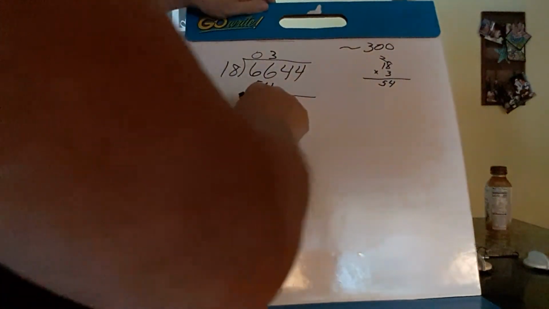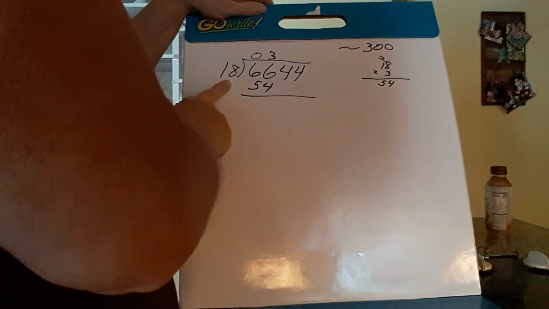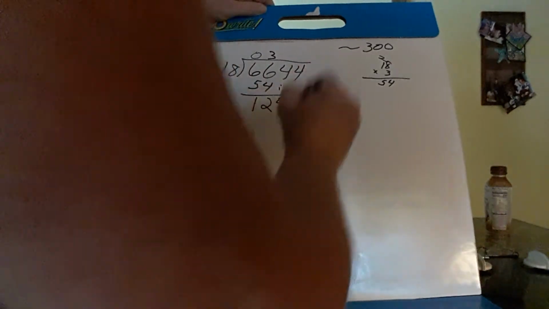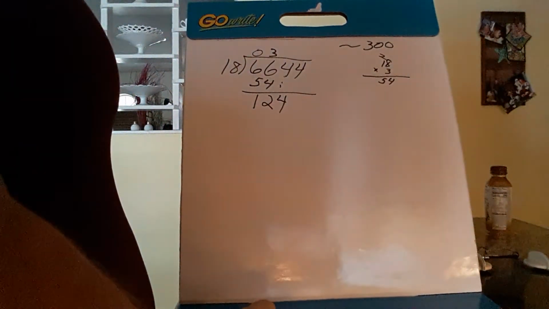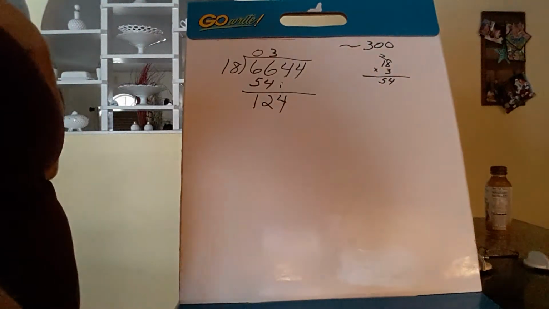Now if our remainder here is more than our divisor, then we have not made this large enough. So 6 minus 4 is 2, and 6 minus 5 is 1. Okay, it will not go into 12, but let's bring our 4 down. And let's see, how many times does 20 go into 124?